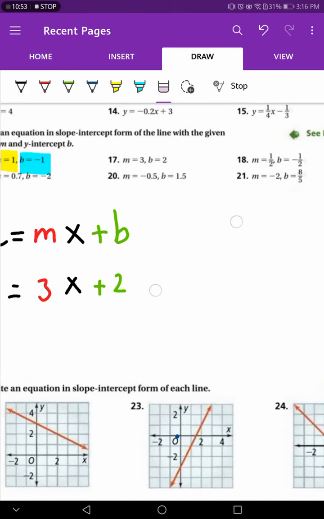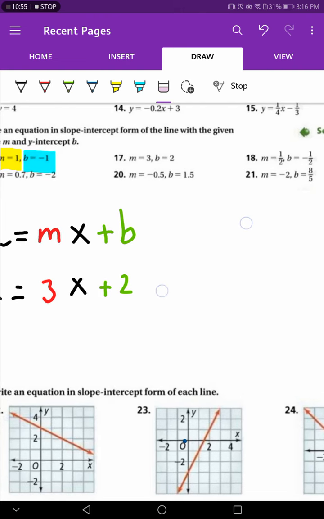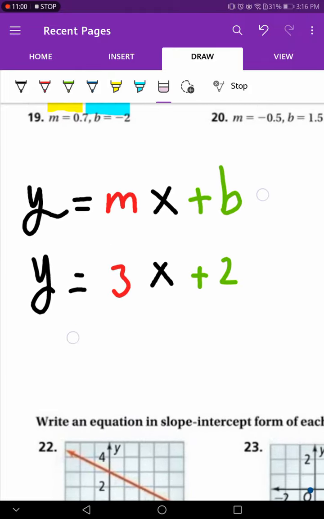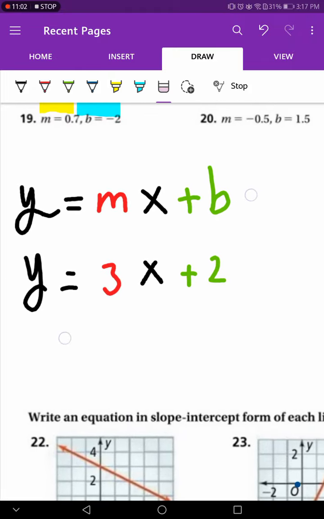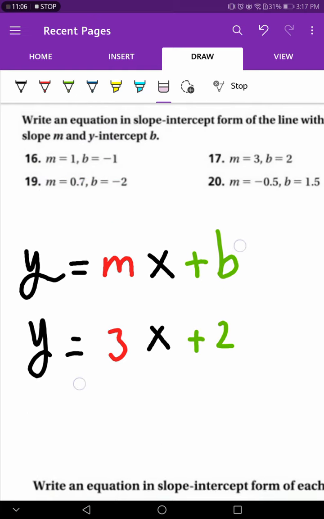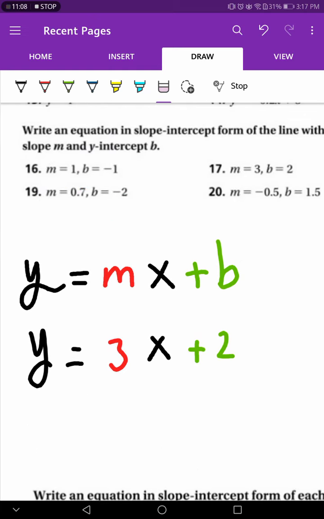Okay. So choose any one. I will choose number 18. No, let us stay here. Okay, number 19 now. Let us do number 19. I erase this. Now m equal 0.7.